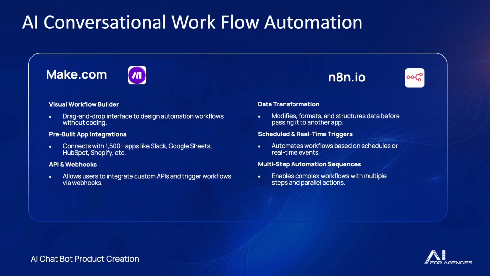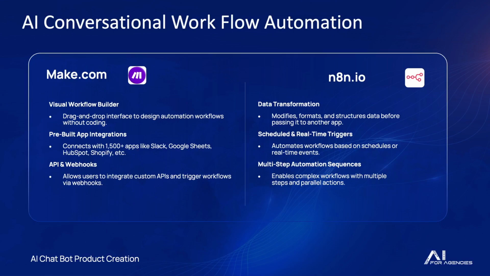We have pre-built integrations. Most of these things are integrated with 1,500 plus apps like Slack, Google Sheets, HubSpot, Shopify, whatever. We have the API, either via API or webhook. So the integration is pre-done. You do not have to go and do this. You've got all the API in there, you've got the custom triggers, etc. Bang. You don't have to go and do any coding. You just go in there and do it.